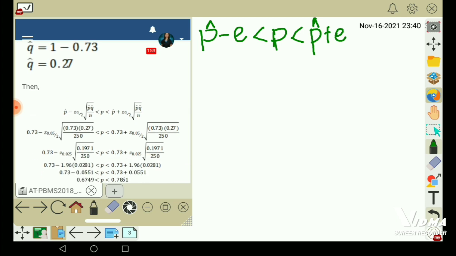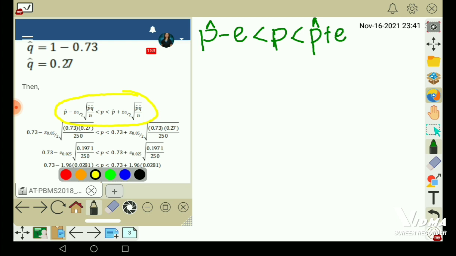Okay, so going back to our formula, we have p hat, which is 0.73. Take note, we are going to use this formula, and we have already shown that formula earlier.